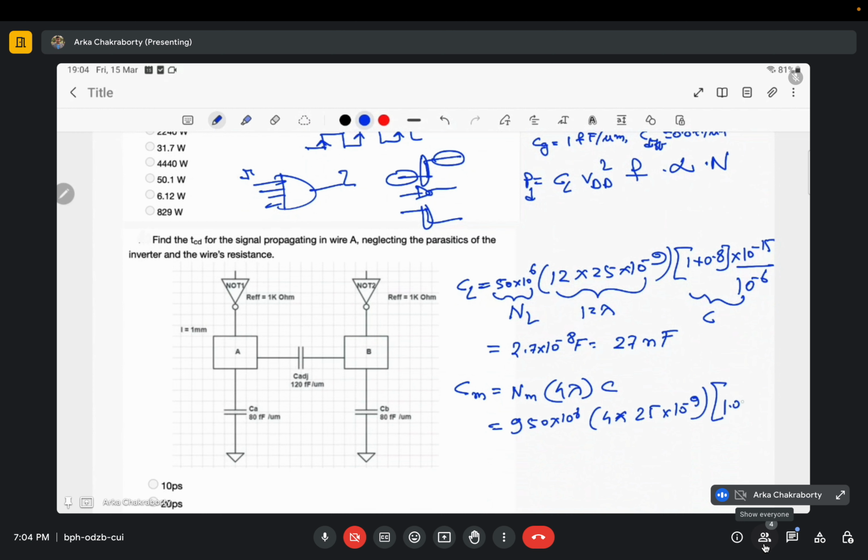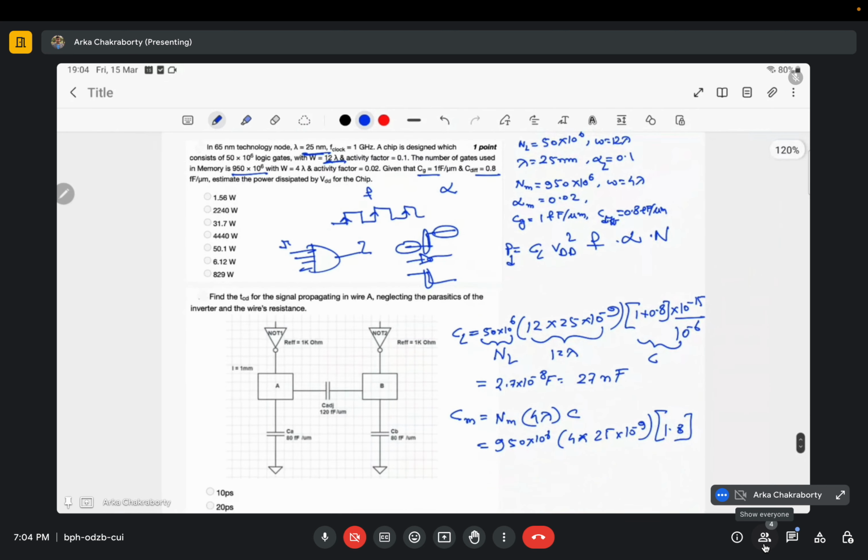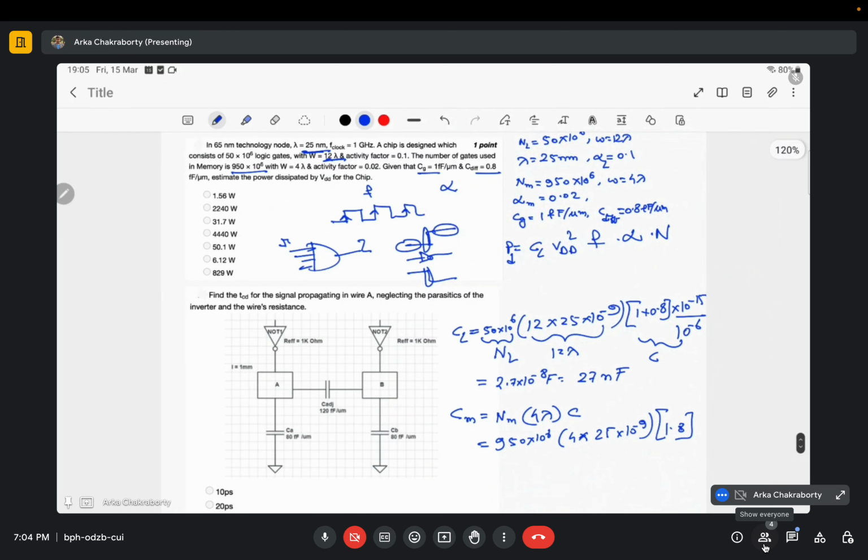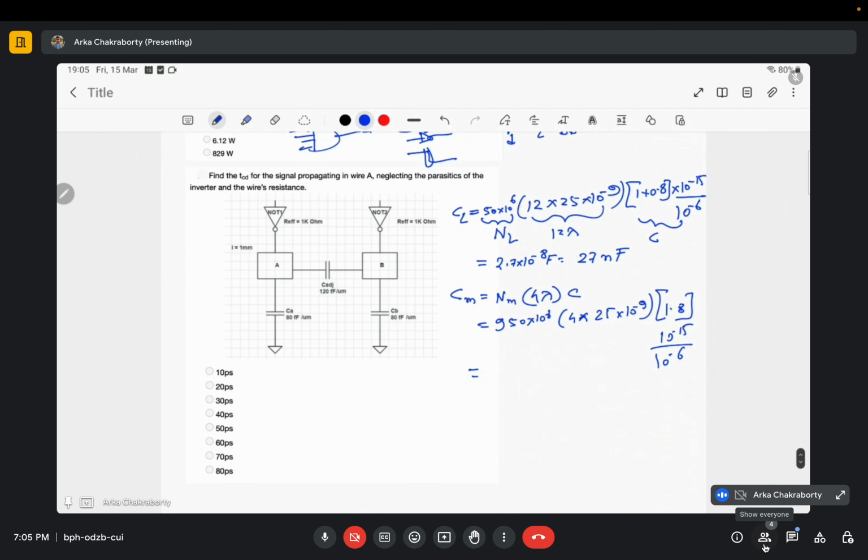The capacitance would remain the same, 1.8 into 10 to the power minus 15 divided by 10 to the power minus 6. So how much would it come? It is coming as 1.71 into 10 to the power minus 7 farad, that is 171 nanofarad. Fine. So now I know the values of CL and CM.